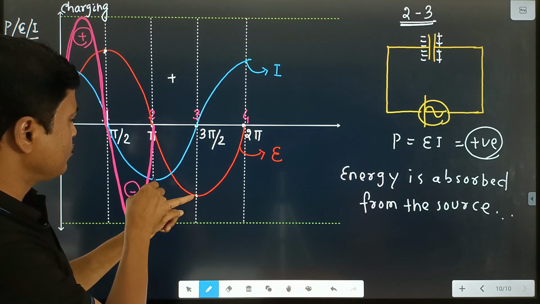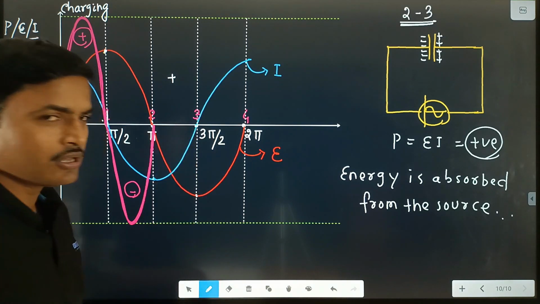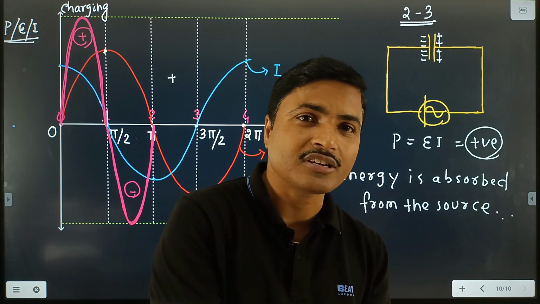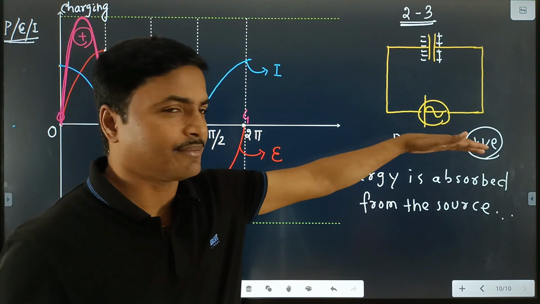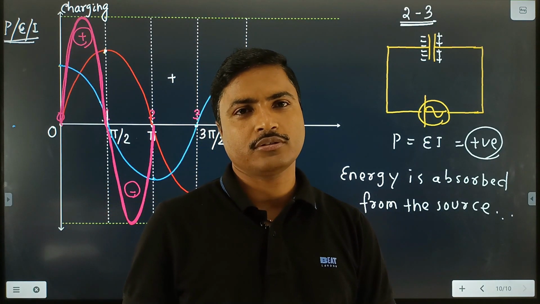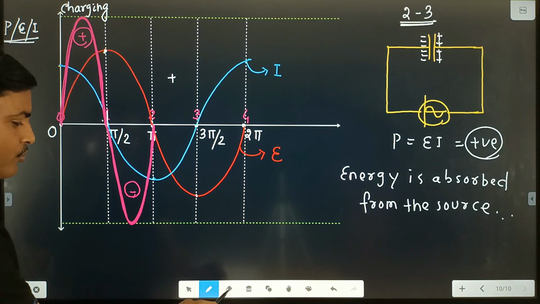The magnitude of the current is gradually decreased to 0, so the capacitor totally blocks alternating current for a very small time, and your power is positive, so energy is absorbed from the source.